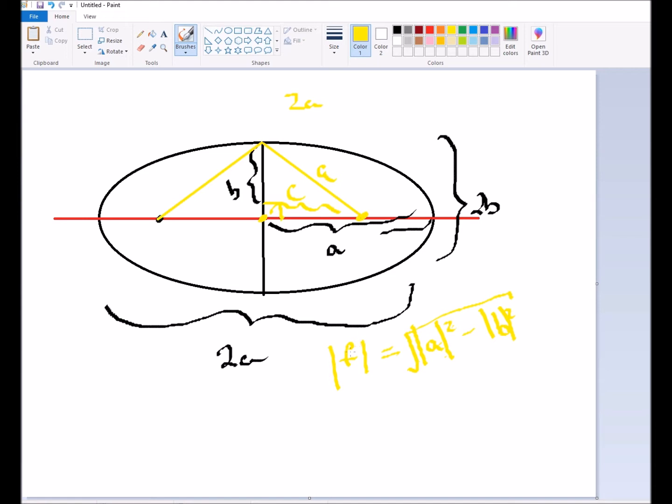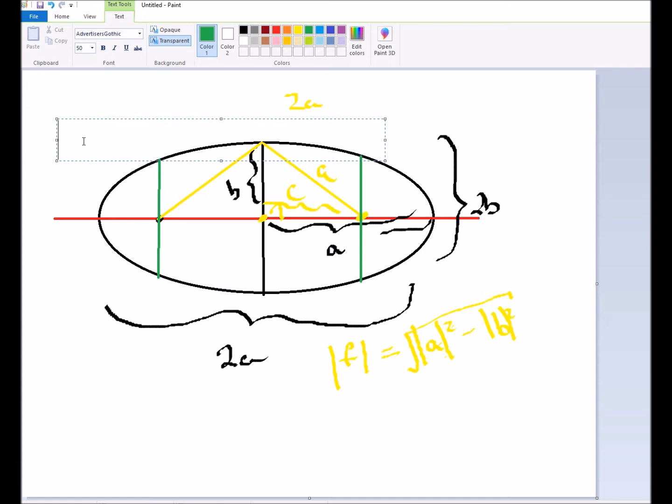All right? Now, the other thing we're going to look at today is that if you draw a line across the focal point that is parallel to your minor axis, these lines are called latus rectum.